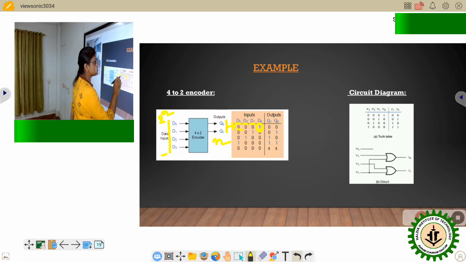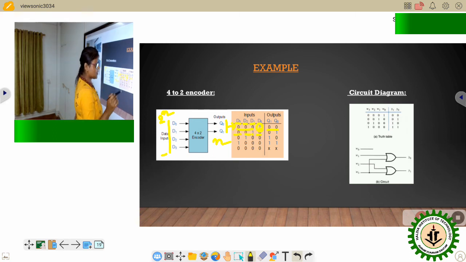Next, D0 will stop execution, but D1 will start its execution. When D1 starts its execution, every other input will stop its execution, meaning D3, D2 and D0 will stop and D1 will start. When we are giving D1 as 1, the outputs we are getting are 0 and 1.